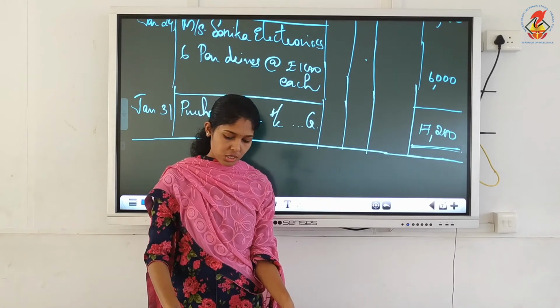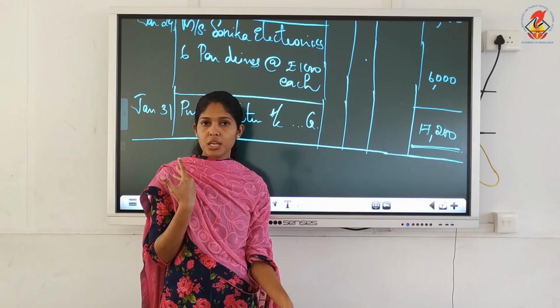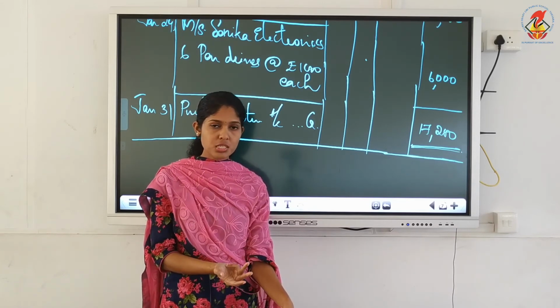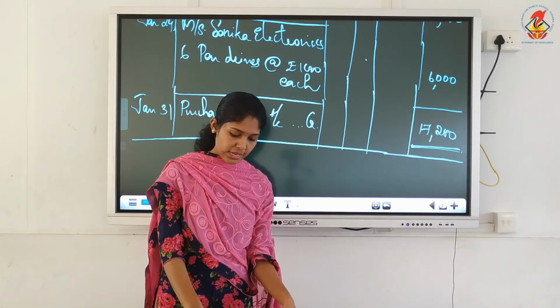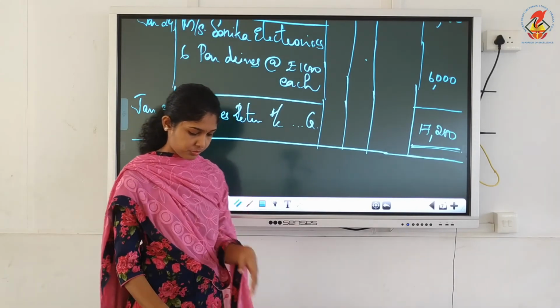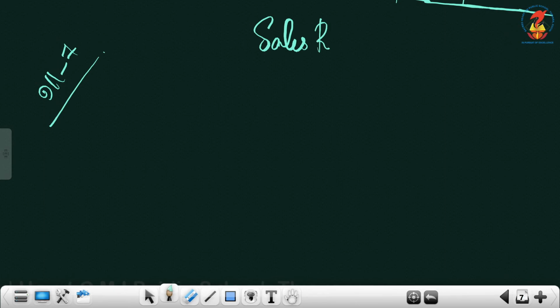Understood? So again the conditions are same. It must be something in which the firm deals in. It must be related to the business and you would have sold first on credit basis. So illustration 7 we will work out now. Give the heading sales return book or returns inward book.